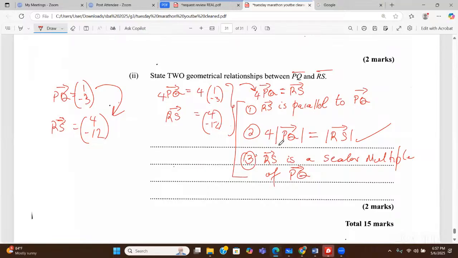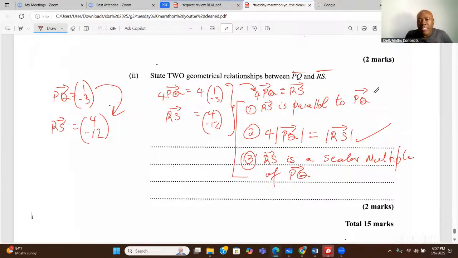Sir? I'm listening. Go ahead. Sir, if we write that it's parallel and write that it's the scalar multiple, wouldn't that be the same thing? Would we still get the mark? Yes, yes.